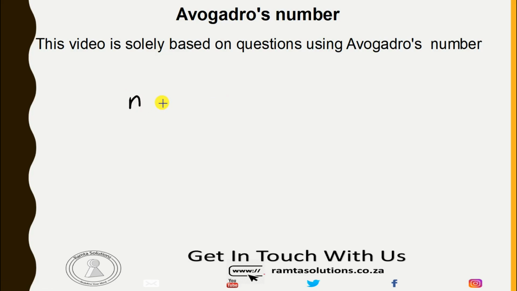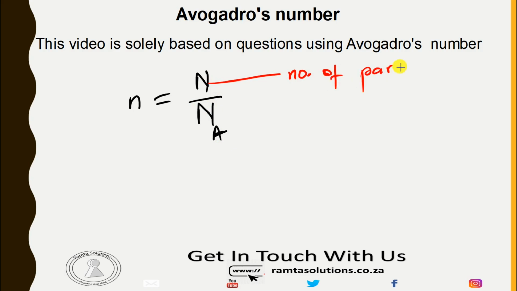Remember we said n is equal to capital N over capital N subscript A, where capital N was the number of particles, and N sub A was Avogadro's number.